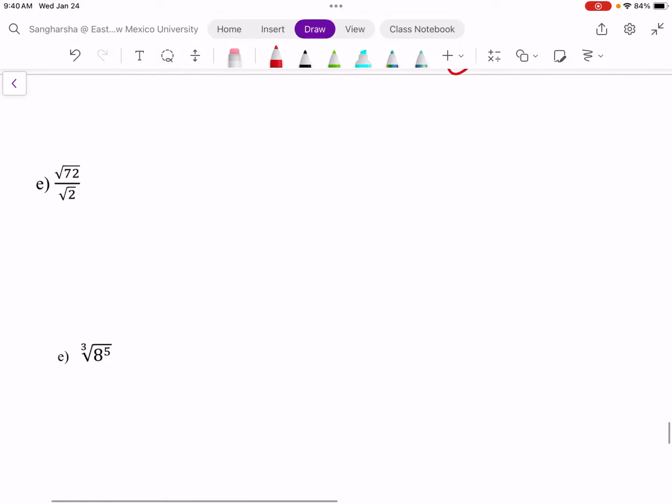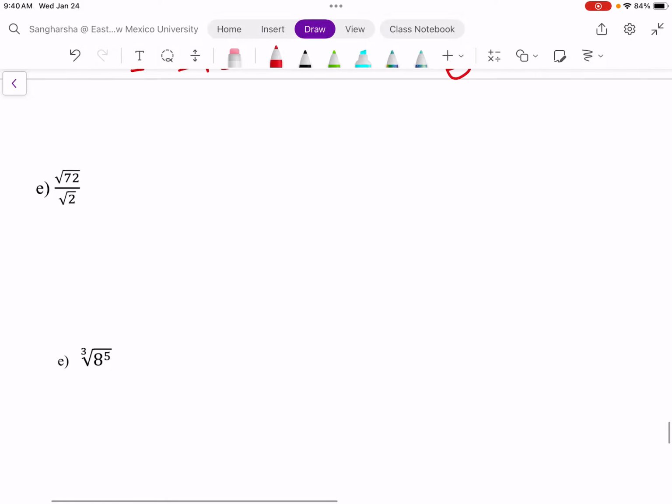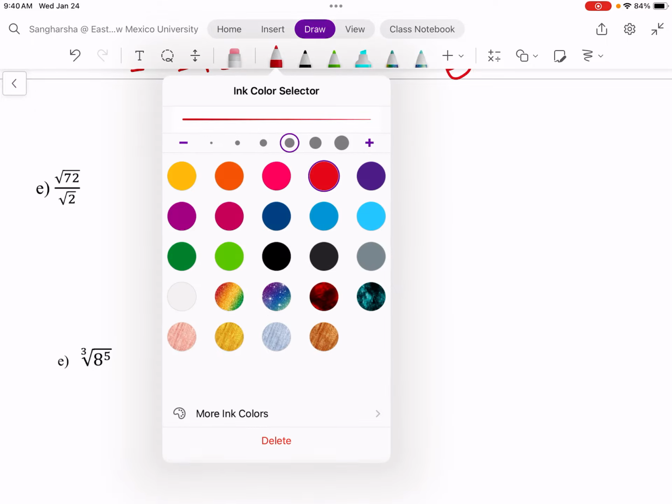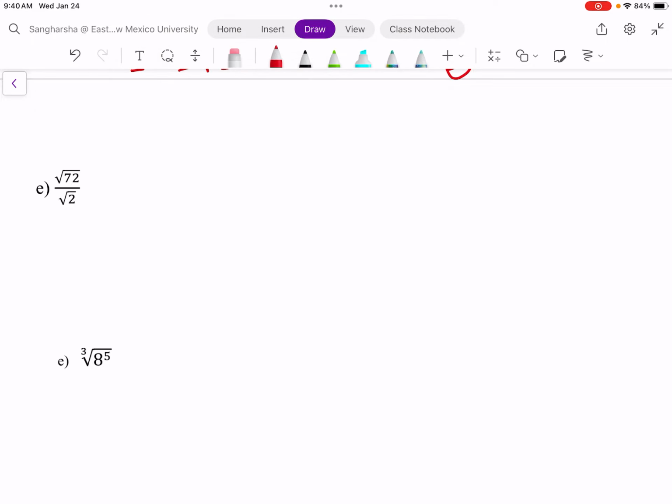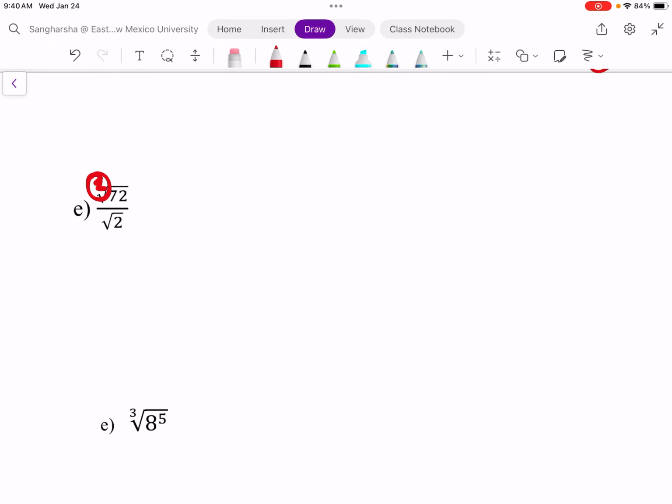Okay, next is number e. We have the square root of 72 divided by the square root of 2. Here the index of the square root of 72 is 2, and the index for the square root of 2 is also 2. So we have the same index. If we have the same index, then we can rewrite this as the square root of 72 divided by 2.